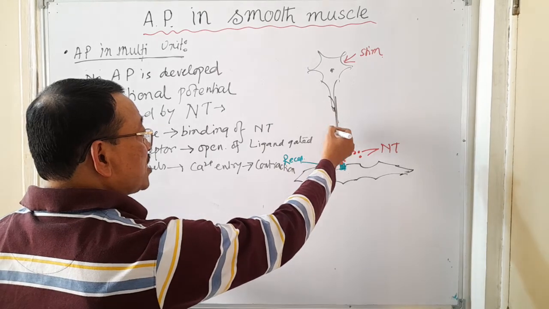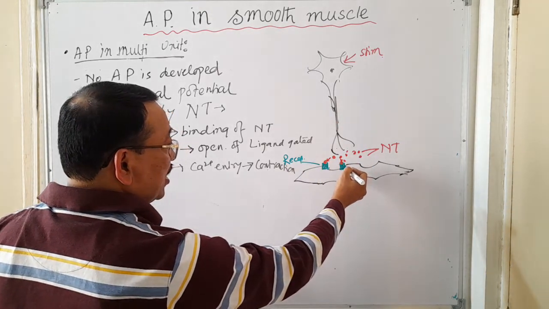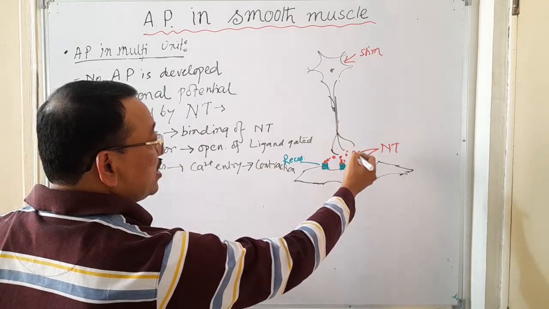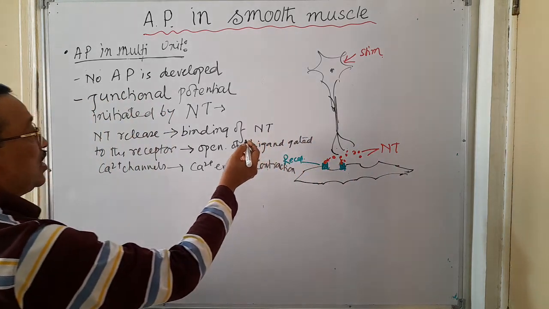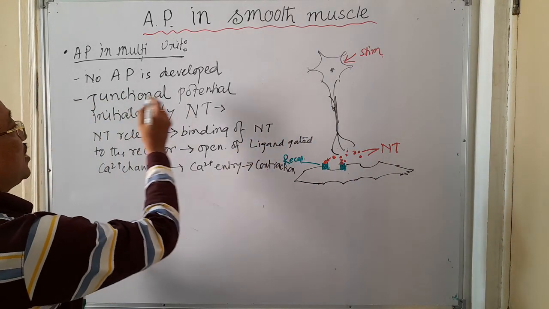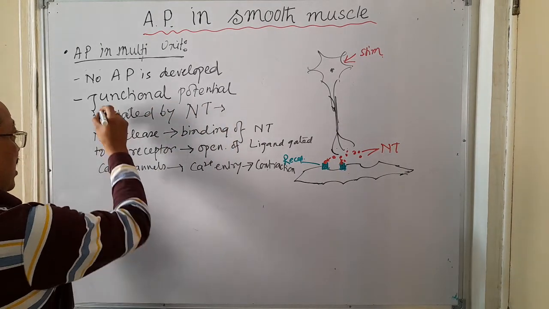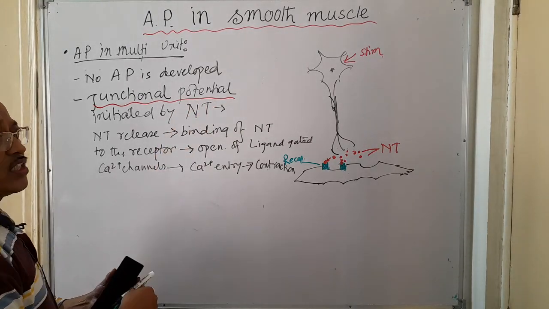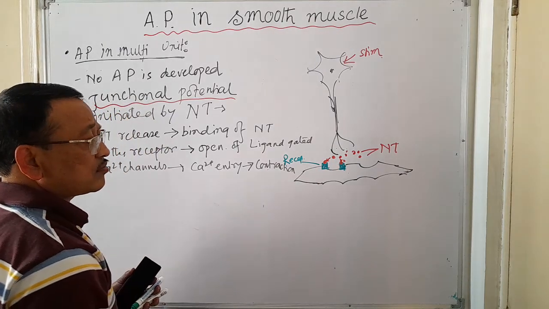The membrane potential at this membrane that is getting developed is induced by the neurotransmitters, and that type of potential difference is known as the junctional potential. This junctional potential is initiated by the neurotransmitter release.